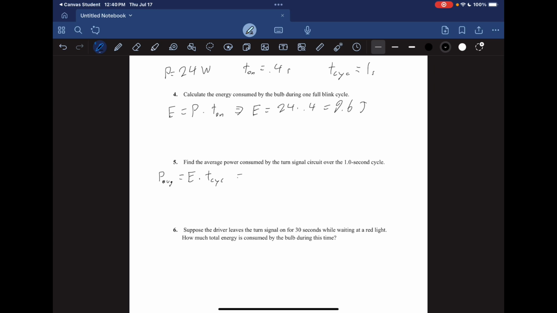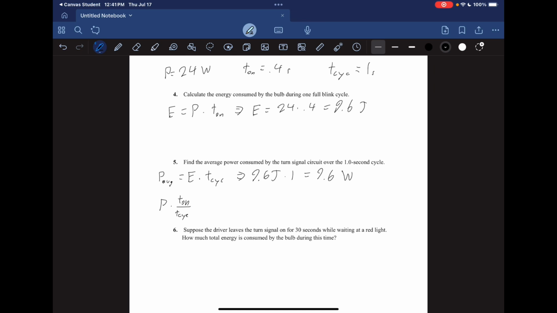So we already have energy is 9.6 joules, and then that's over 1 second. So the average power is 9.6 watts. This isn't the only way that you can solve this, though. You can also solve it using the equation power times time on divided by the time of the cycle.